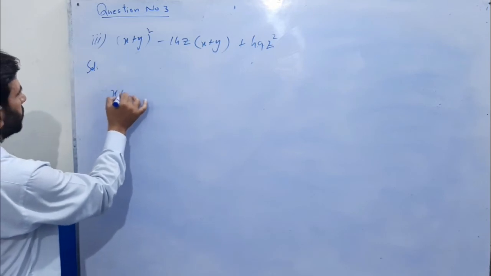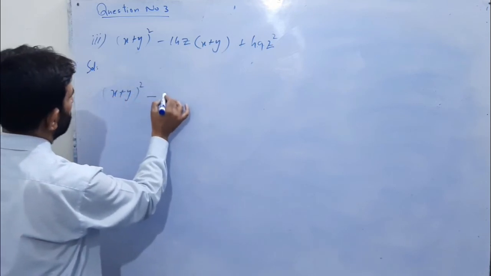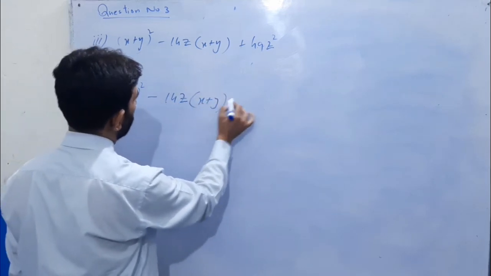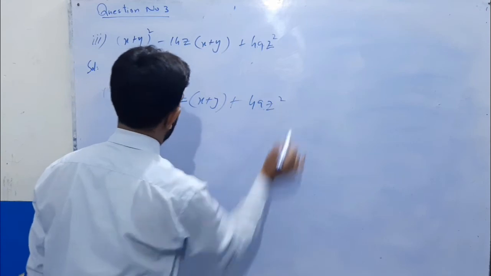After solution, write the question again. X plus y whole square minus 14z into x plus y plus 49z square.